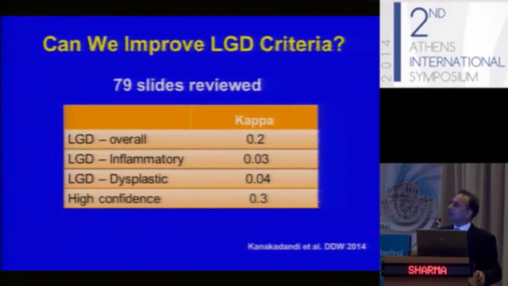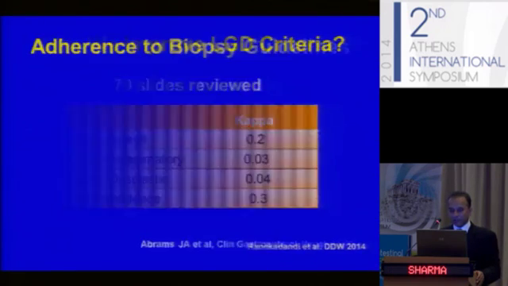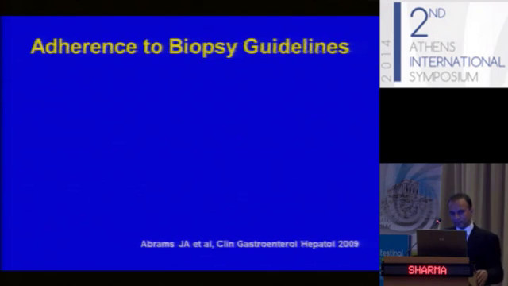The only thing that helped was a little bit of this high confidence: when the pathologists looked at a slide and were a little bit more confident in making this diagnosis, their kappa value improved to 0.3, which is still not that great, but at least this was the only sign of improvement that we could see in making this diagnosis.